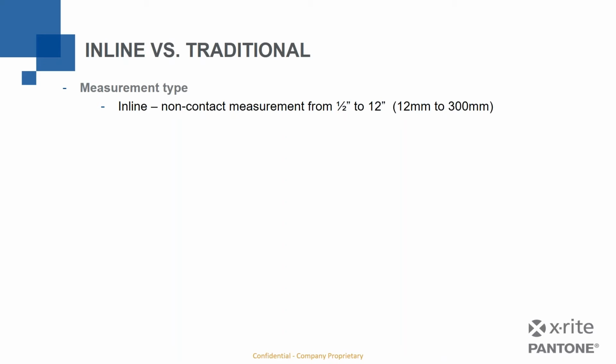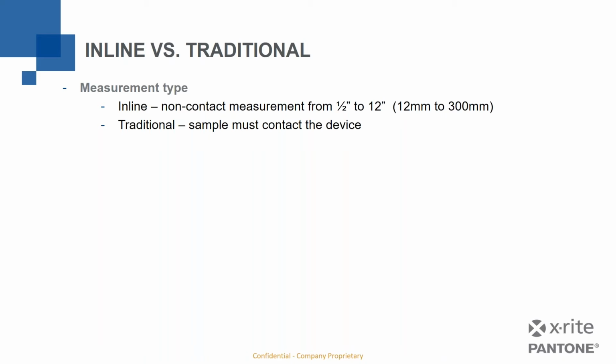But it's a non-contact measurement that can be anywhere from a half inch away from the sample to nearly 12 inches away, or 12 to 300 millimeters away from the sample. So it's non-contact. Traditional instruments have to contact the sample. We have to put the sample against the device, take a measurement.